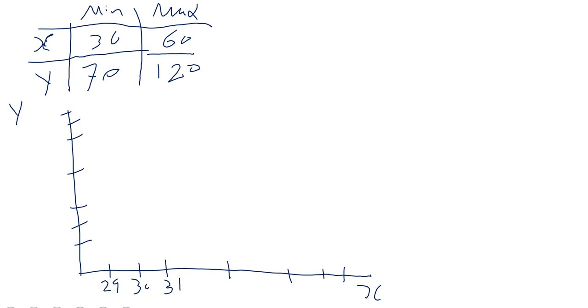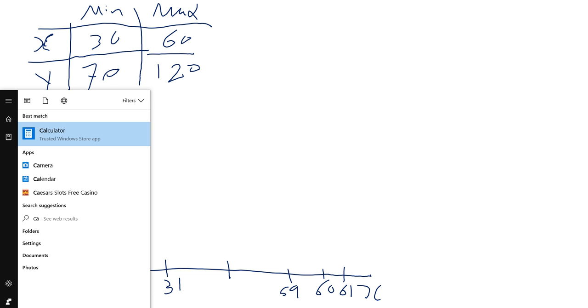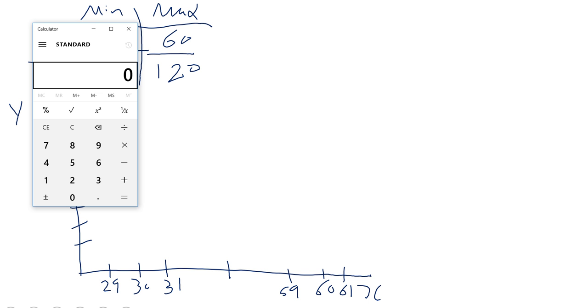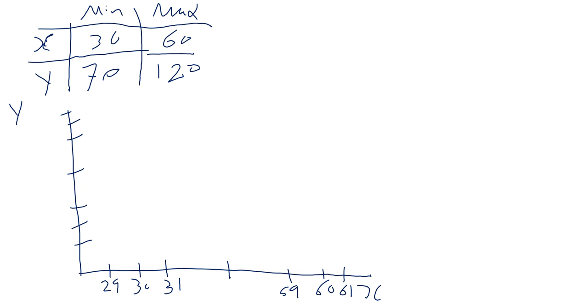Minimum plus 1 is 31. Maximum 60, 59, 61. 30 plus 60 divided by 2, 45.